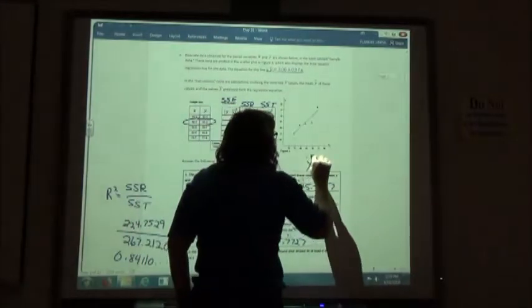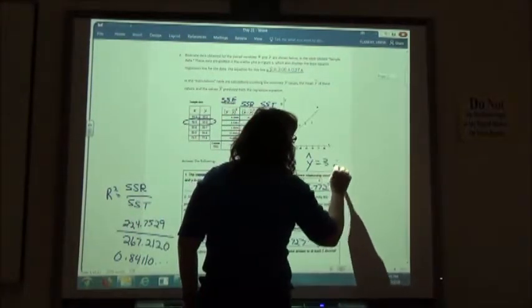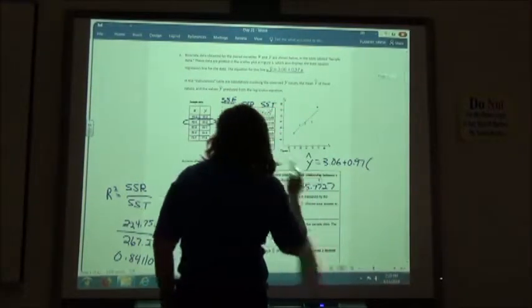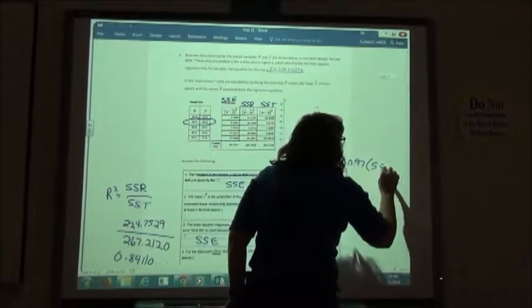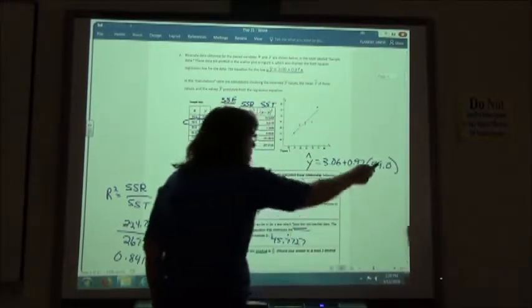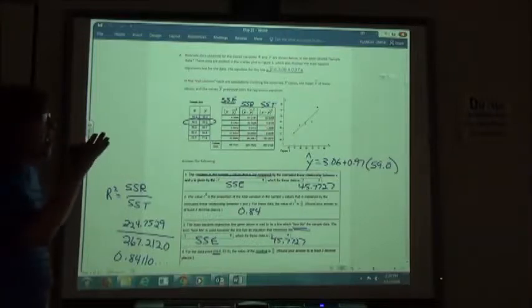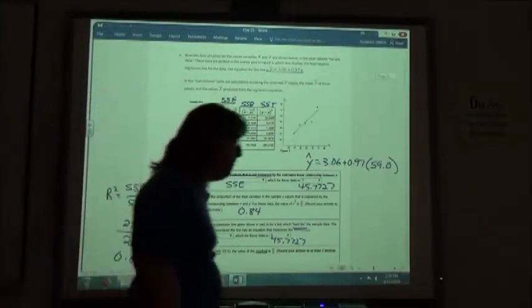So y hat is going to be equal to 3.06 plus 0.97 times the x value, 59.0. We're going to find that value first.